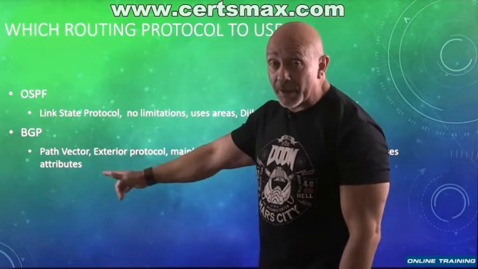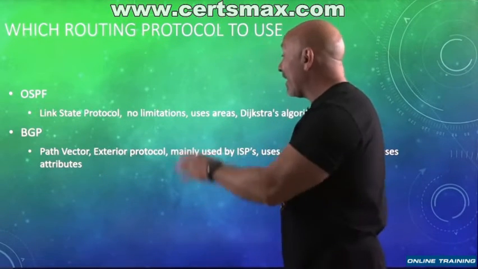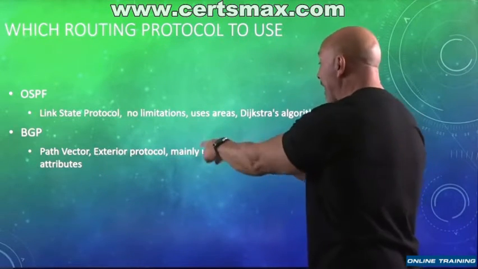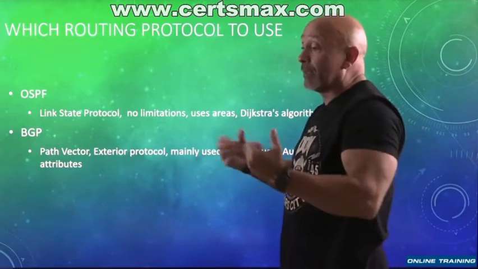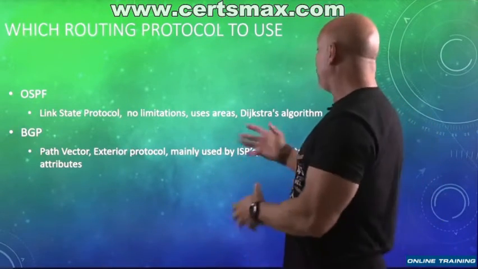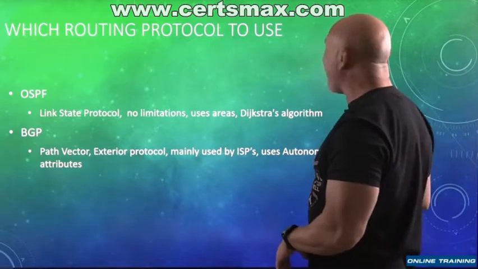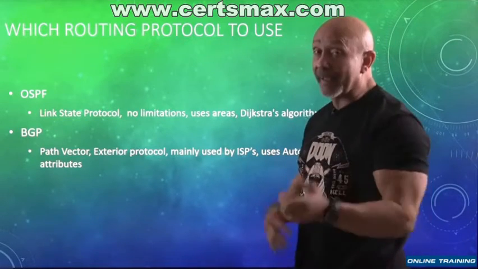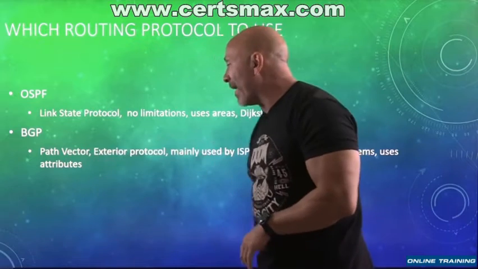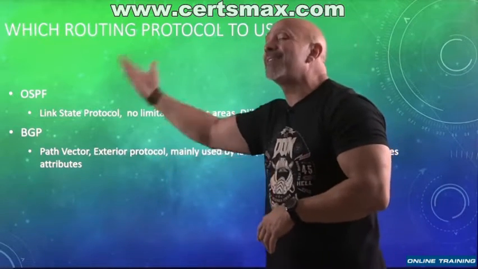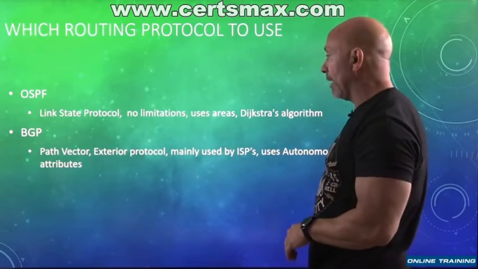This is an exterior routing protocol, and this is mainly used by ISPs. Some enterprises have picked this up, BGP version 4. It also uses autonomous systems. It has public and private autonomous systems, okay? But it's considered a path vector. And like it says here, it's an exterior routing protocol, right?